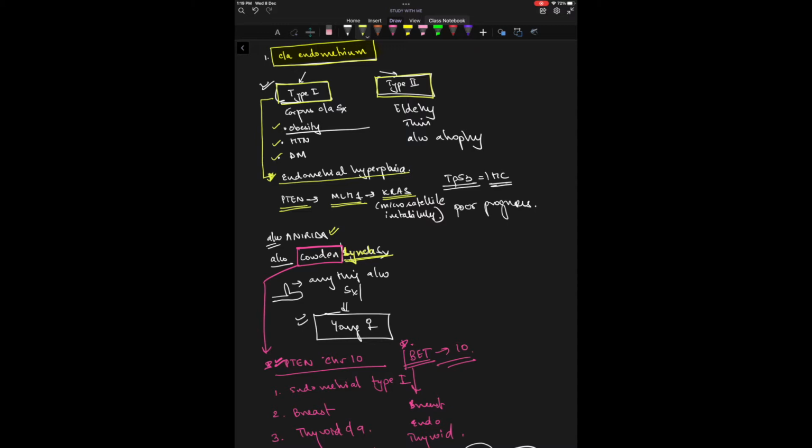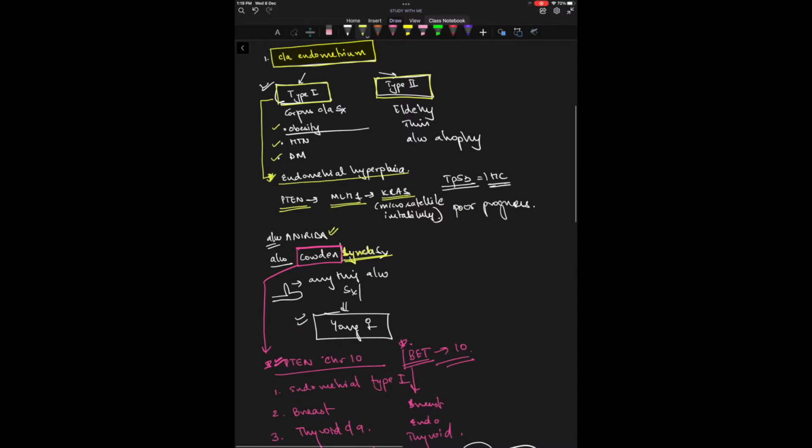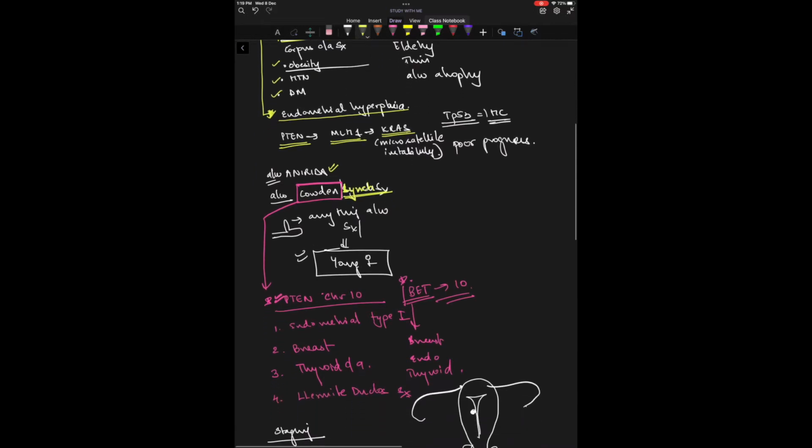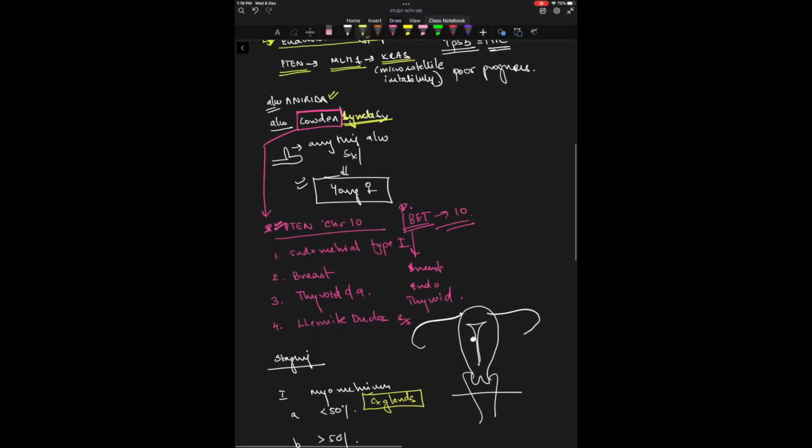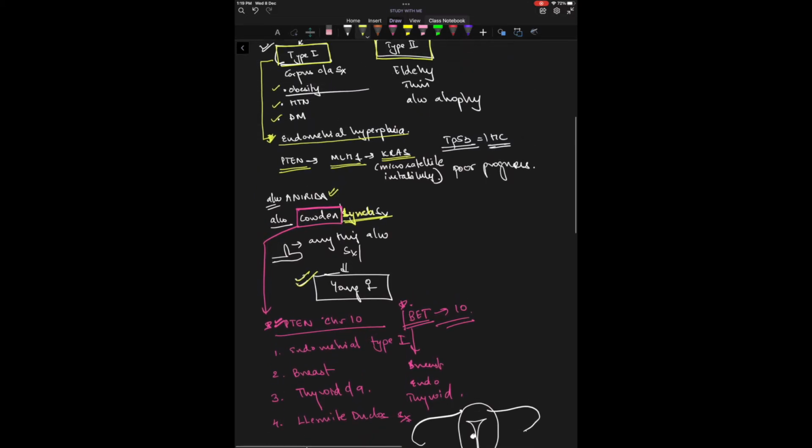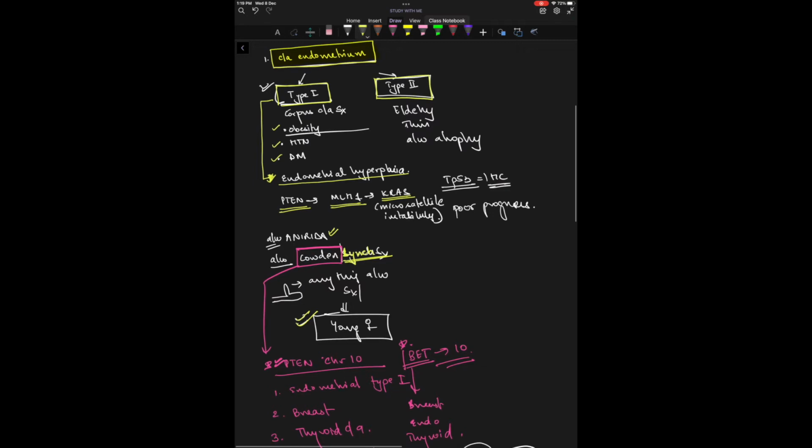So remember the thumb rule that any genetic condition that is associated with some syndrome is always seen in young females. Here as well, type 1 endometrial cancer is seen in young females.